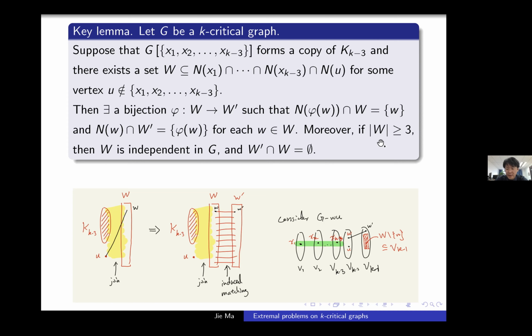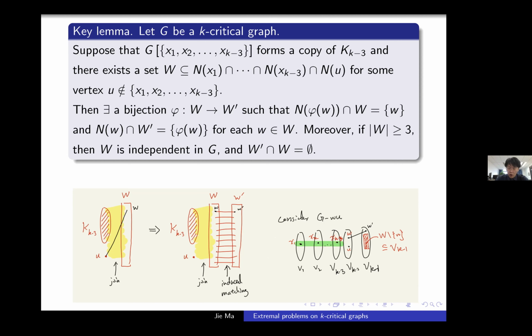And if W is at least 3, then we also know W itself is an independent set, and there are no common neighbors between W prime and W. Basically this picture. If you recall the construction, the construction for 4-critical graphs, you will find this induced matching is familiar, right?